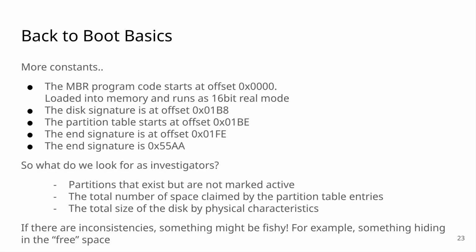If there is free space, people could put data in that space, and this data wouldn't be evident from the file system of any of the operating systems listed in the MBR.